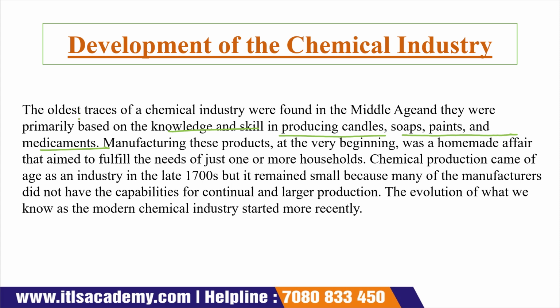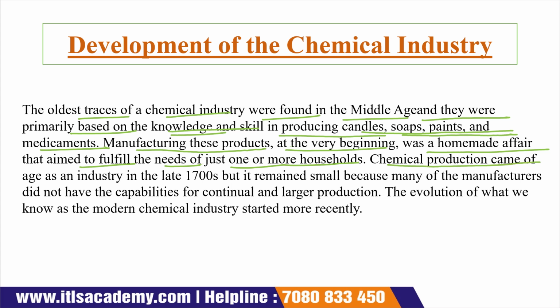The oldest traces of the chemical industry were found in the Middle Ages, and they were primarily based on the knowledge and skill in producing candles, soap, paint, and medicaments. Manufacturing these products at the very beginning was a homemade affair that aimed to fulfill the needs of just one or more households.